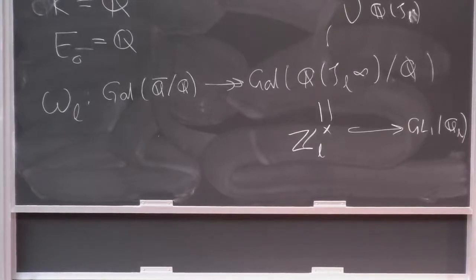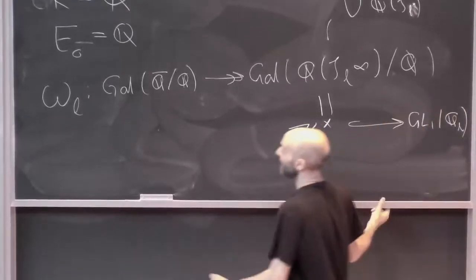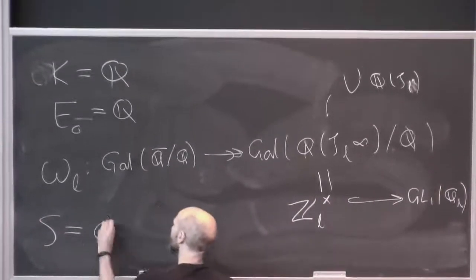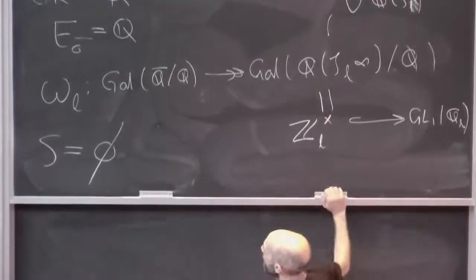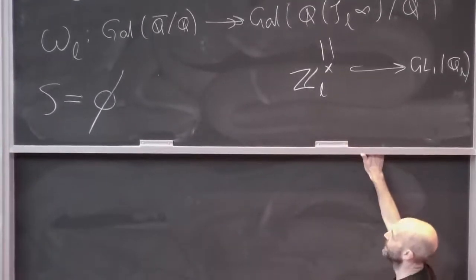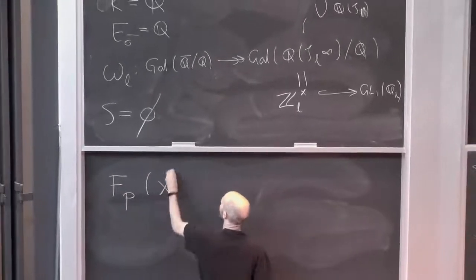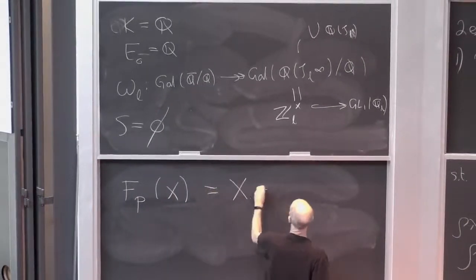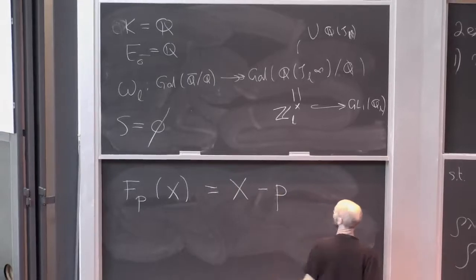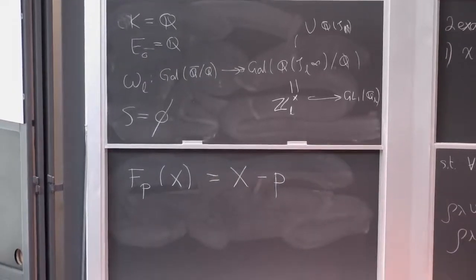If you believe that rho of Frob_p matches up with p, it's just the same story here. So here S is empty, and F_p(x) is x minus p again. It's not even x minus chi(p), it's x minus p.